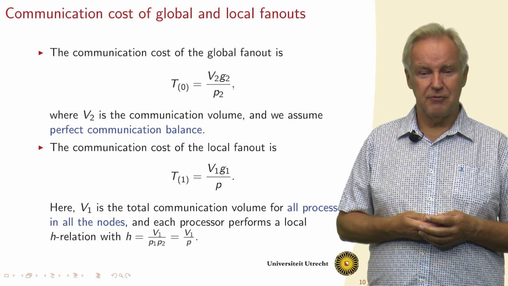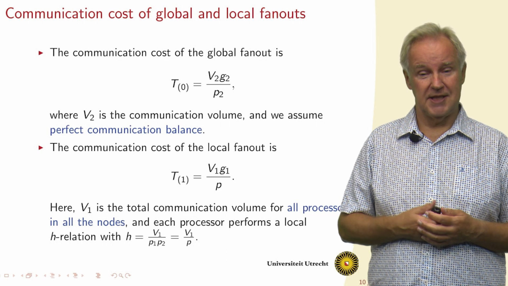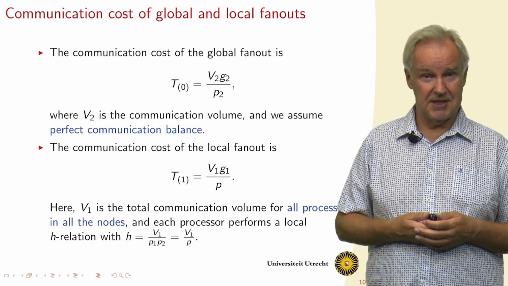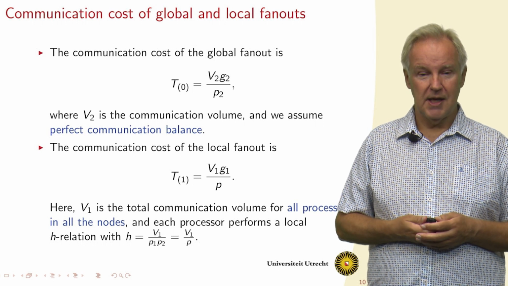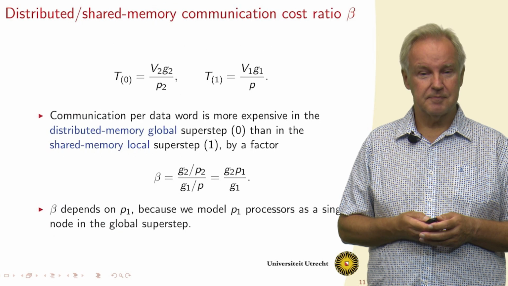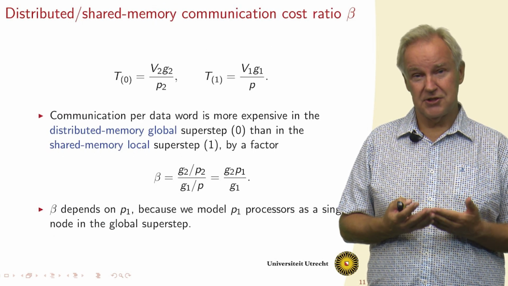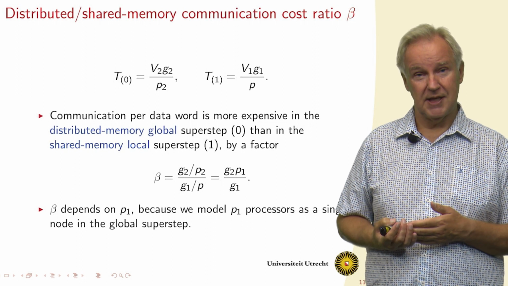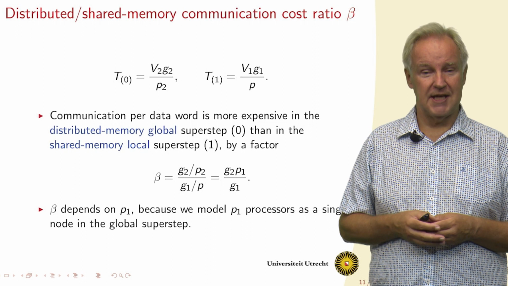And then we divide that by P, because there are P cores that are sending, and the cost is less per data word, it's g1. And then you can see the difference between the distributed memory and the shared memory. It is more costly to have a global communication.